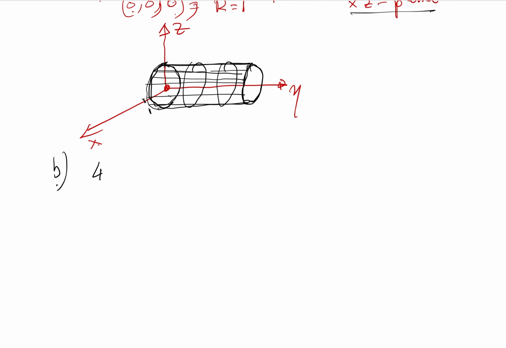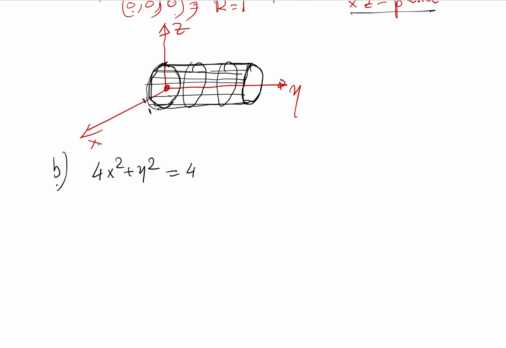B, you have 4x squared plus y squared is equal to 4, okay? So if you have those types of equations, I know I didn't go over a lot of them, but I just want to tell you the most needed one in your life is about the ellipse. If you have an ellipse in the plane, you can tell here that z is missing.